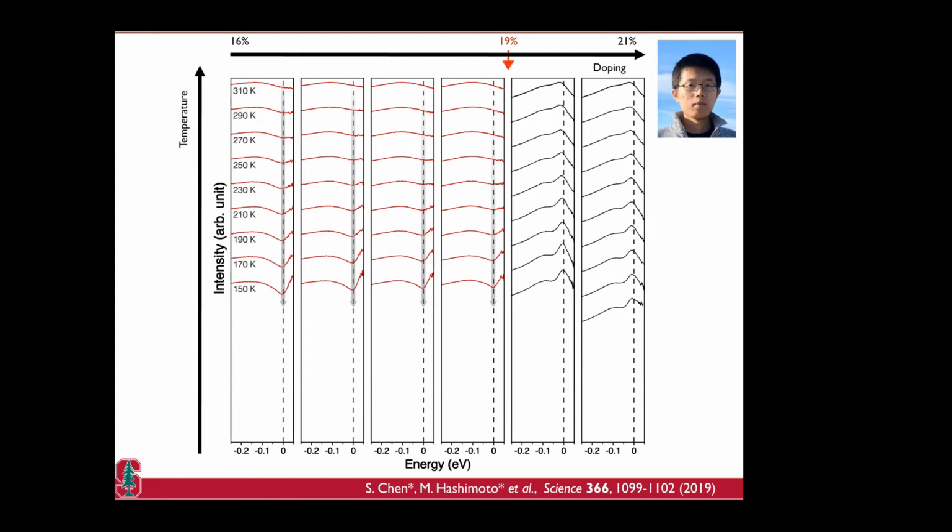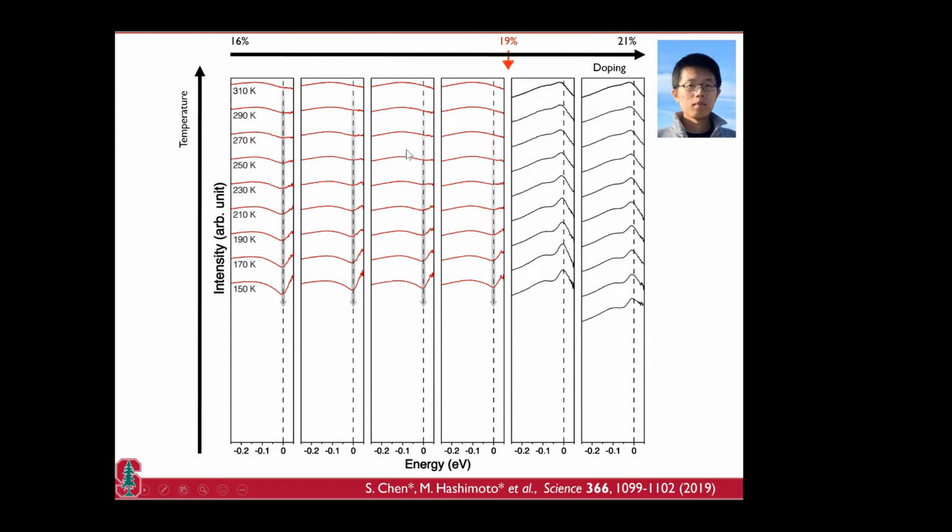In contrast, if you go to the right-hand side of this boundary, you see a clearly defined peak at the chemical potential, and you don't see any suppression of density of states at zero energy.